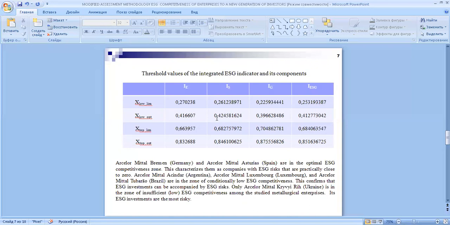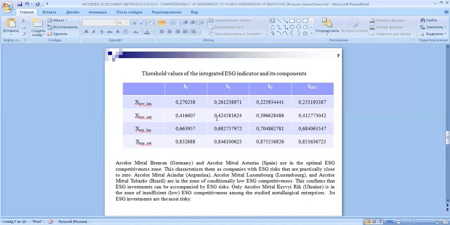This characterizes them as the companies with ESG risks that are practically close to zero. ArcelorMittal Acindar, Argentina, and ArcelorMittal Luxembourg and ArcelorMittal Tubarão, Brazil, are in the zone of conditional low ESG competitiveness.